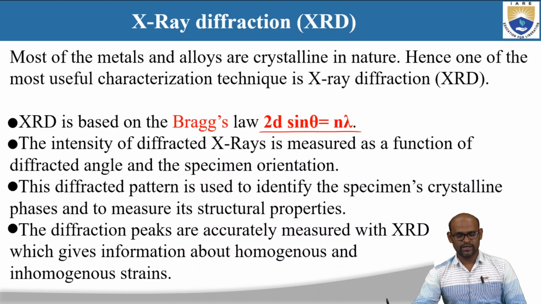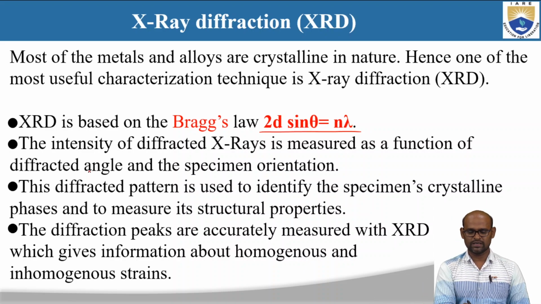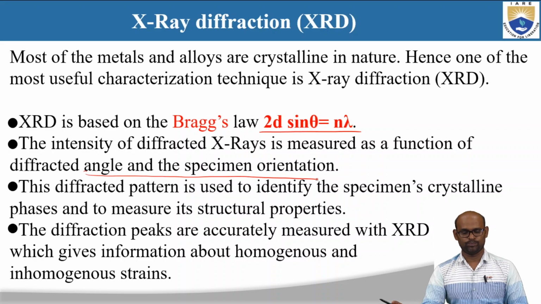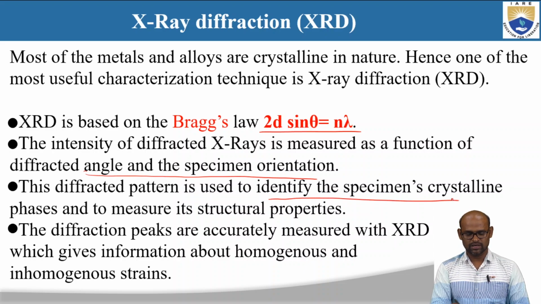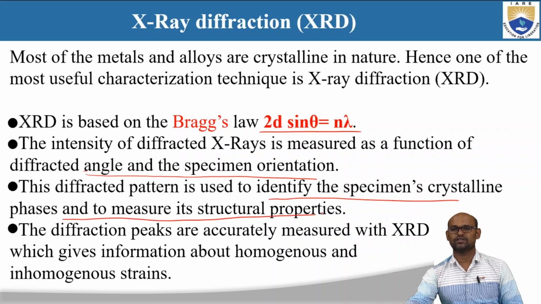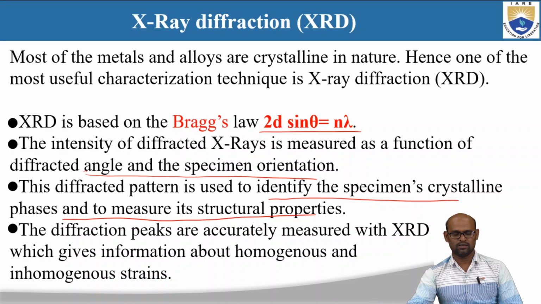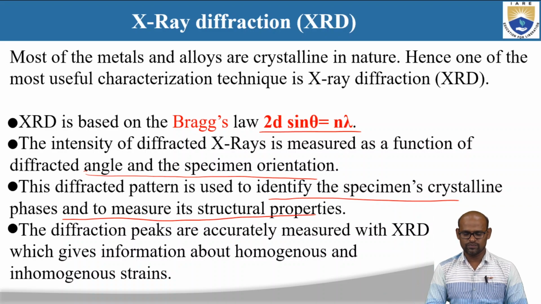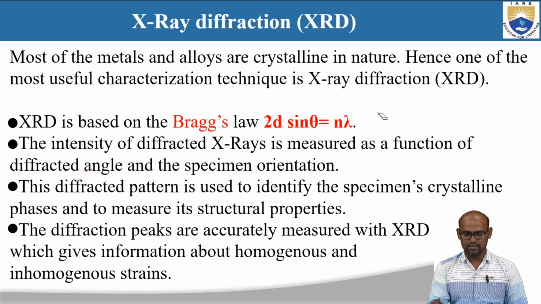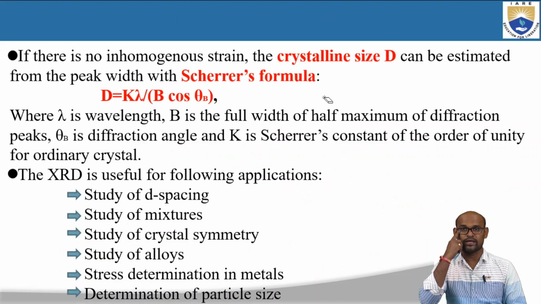So the intensity of diffracted X-rays is measured as a function of diffracted angle and the specimen orientation. This diffraction pattern is used to identify the specimen's crystalline phases and measure the structural properties. So we can use this diffraction pattern to look at the crystalline phases of the material, and its structural properties also we can study. The diffraction peaks are accurately measured with XRD, which gives information about homogeneous and inhomogeneous strains.